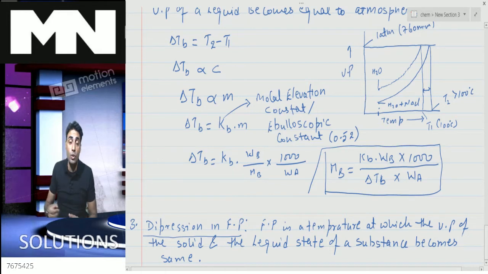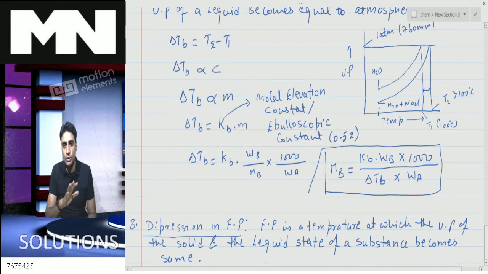Now we'll see what happens when a non-volatile solute is added to a solvent. When a non-volatile solute is added to a solvent, its vapor pressure will decrease, as I explained in relative lowering in the vapor pressure and also elevation in boiling point. When the vapor pressure decreases, it means the vapor pressure of the liquid will not be equal to its solid state at the earlier temperature.